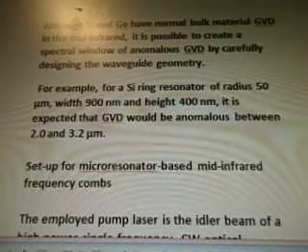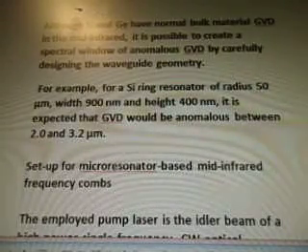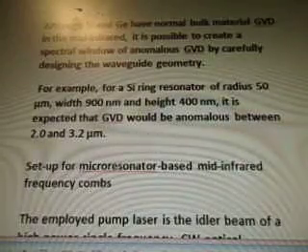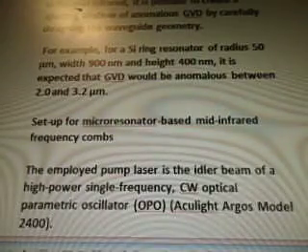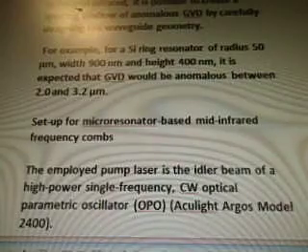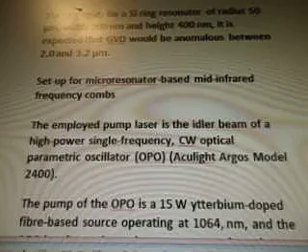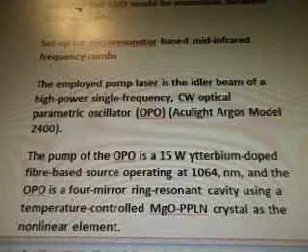For example, for an Si ring resonator of radius 50 with width 900 nm and height 400 nm, it is expected that GVD would be anomalous between 2.0 and 3.2 micrometers.